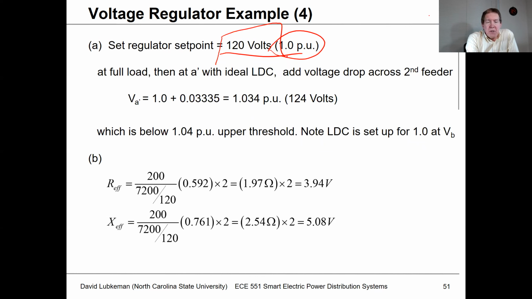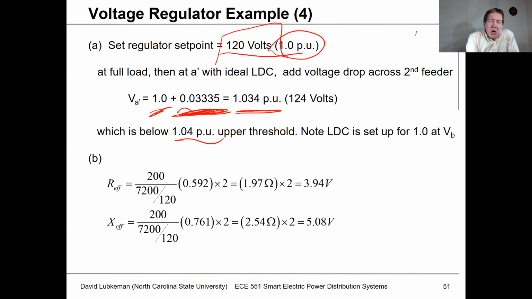Well, the regulator is going to measure the current. It's going to apply RSET and XSET, which is going to emulate the voltage drop. So basically what the regulator is going to have for an output is the 1 per unit target plus the drop across that line segment, where the regulator is actually going to output 1.034 per unit volts when I'm under a full load type of condition.